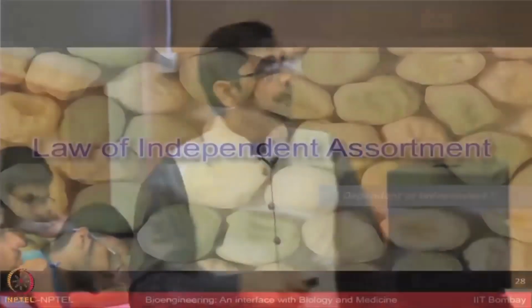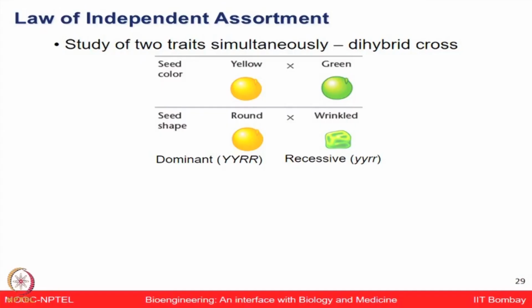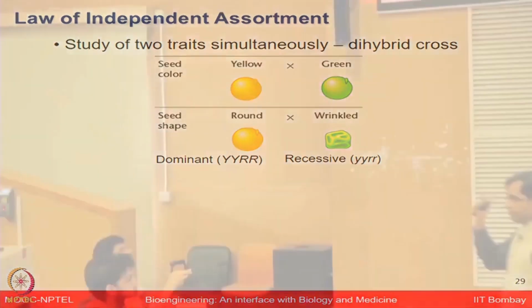So he started thinking about it: earlier we studied only one characteristic, one gene and two allelic forms of that. Can we now start looking at two genes, two different properties, different allelic forms? So for example, seed color and seed shape. This is a round seed and yellow color. So we are looking at two properties now, right?